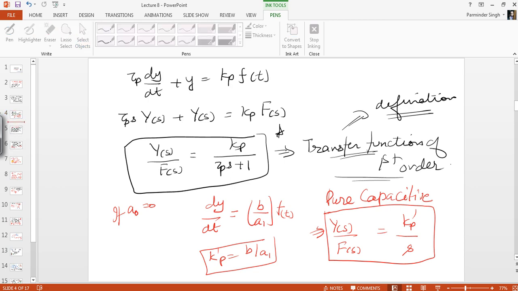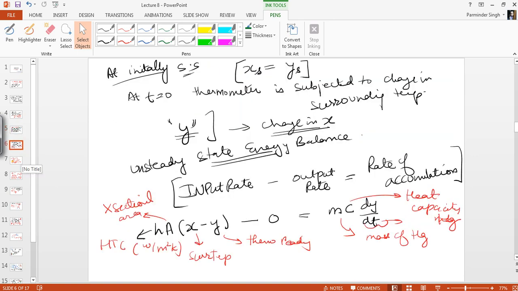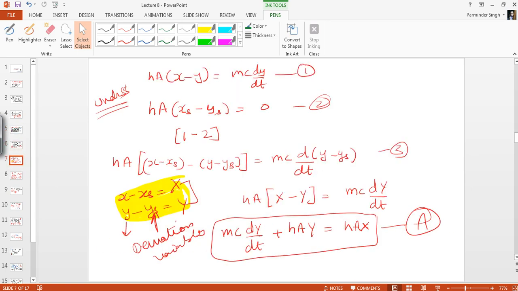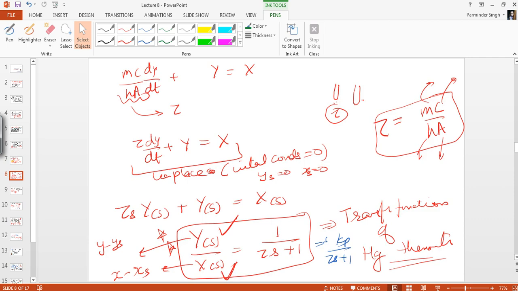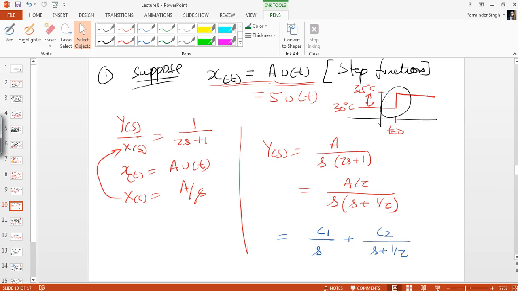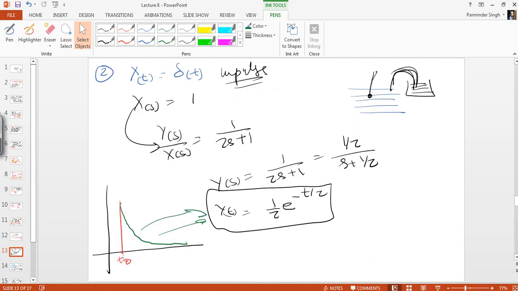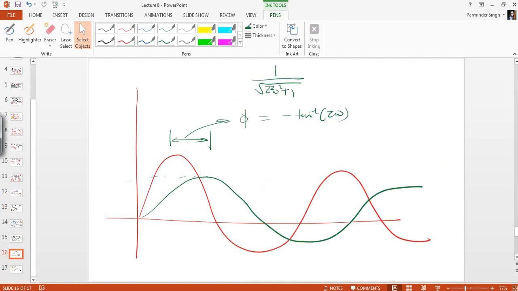Then we took the very first example of the first order system, that is the mercury thermometer, and on the basis of the analysis we defined the transfer function of the thermometer, which is 1 upon tau s plus 1, where tau depends upon these parameters, that is mass, heat capacity of the fluid, H and A. Clear? And then for different input conditions, different forcing conditions, for step, how does the thermometer behave, for the impulse, how does the thermometer behave, and for sinusoidal, how does the thermometer behave.